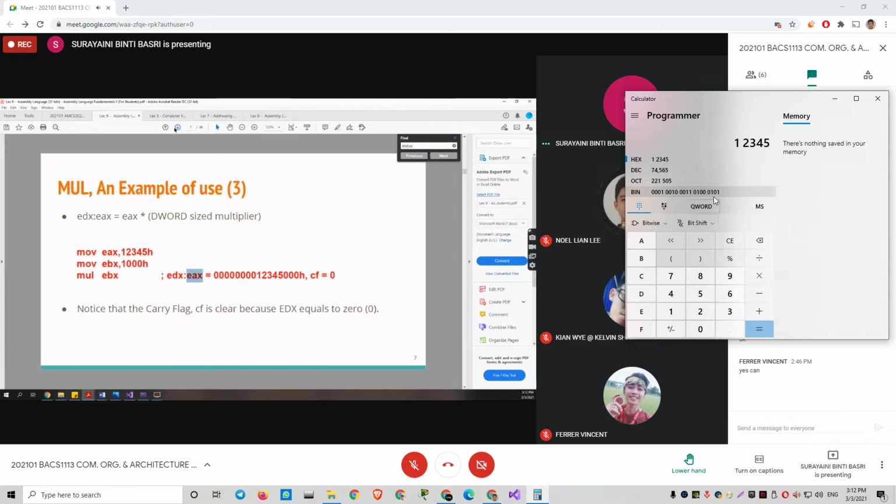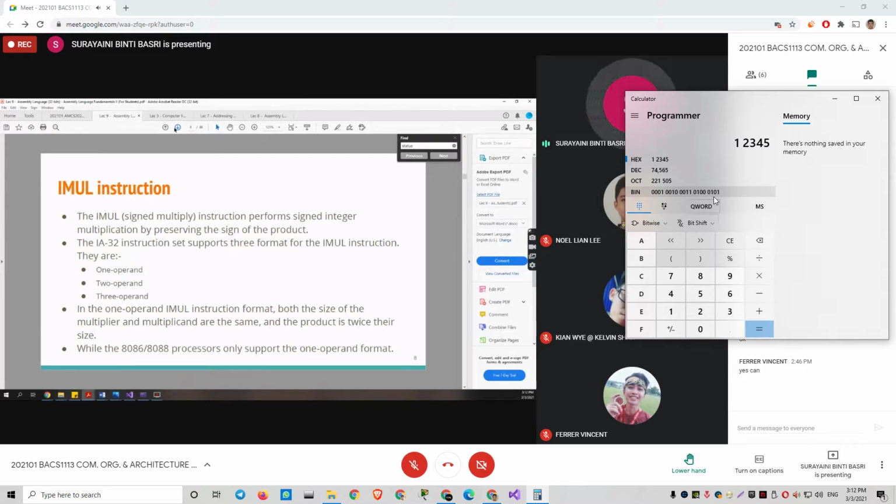Okay. So we proceed to signed integer multiplication, based on Mr. Bharat Acharya just now.